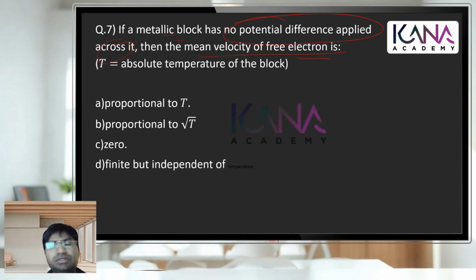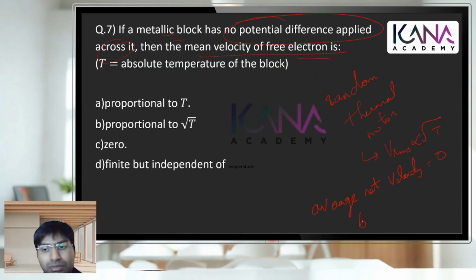So the concept here is that electrons still have random thermal motion. Will have random thermal motion, right? So that means VRMS is proportional to square root of T. But here the average net velocity is 0.